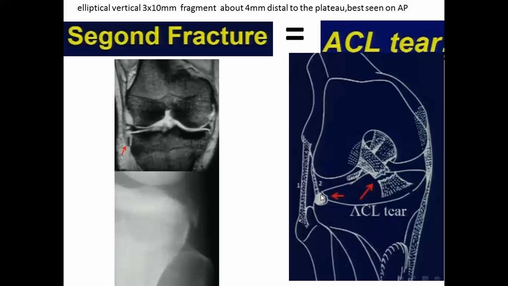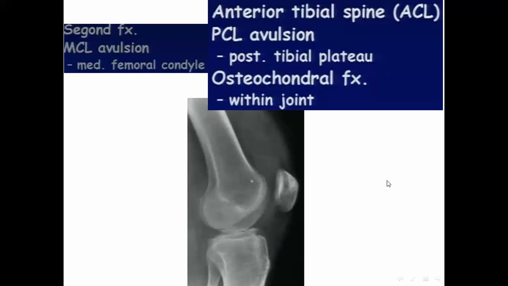To fracture this, you should tear this one, changing the axis of the femur. So Segond fracture is usually associated with an ACL tear.